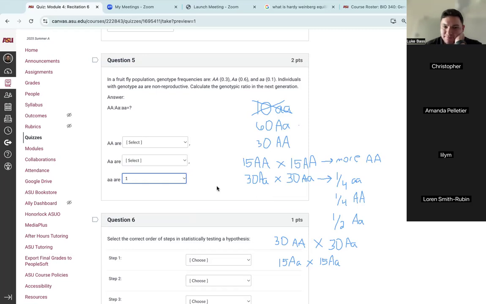Right. Since the original one was 6-3, we know that the final one has to be turned in favor of homozygous dominance, or the dominant allele, the capital A. Does that make sense? So there's only one really possible answer after that. Okay.